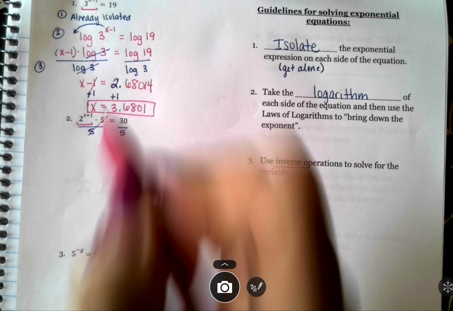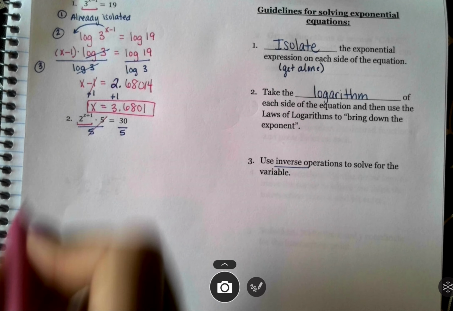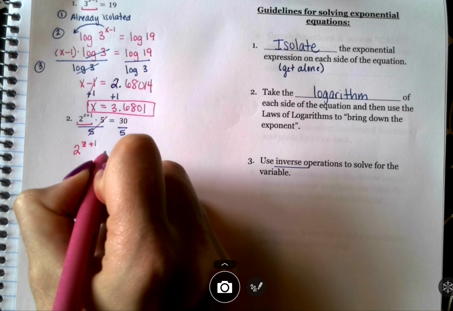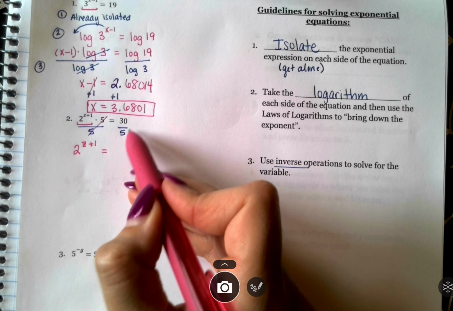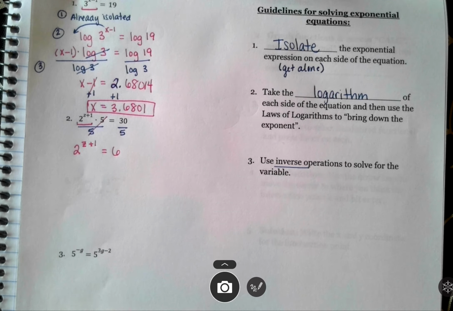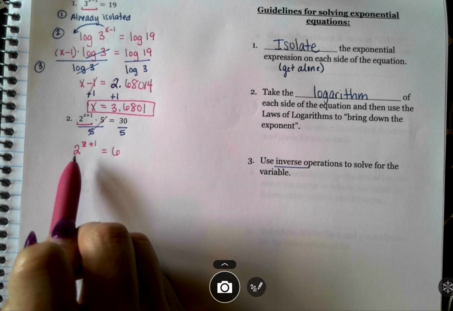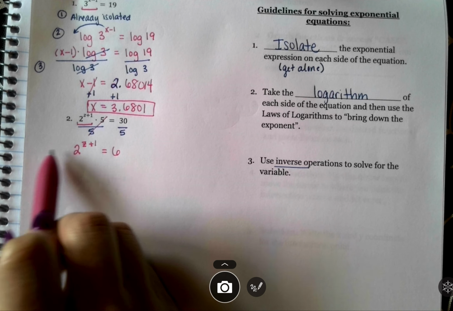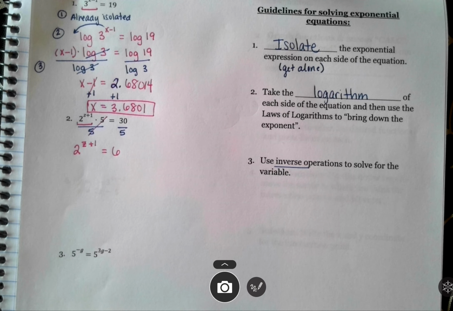These 5s will cancel, and I'm left with 2 to the power of z plus 1 equals, well, 30 divided by 5 is 6. Now I want to double check, is my exponential expression isolated? It is, because there's nothing left on the outside of that. So now that it's isolated, I move on to step 2.